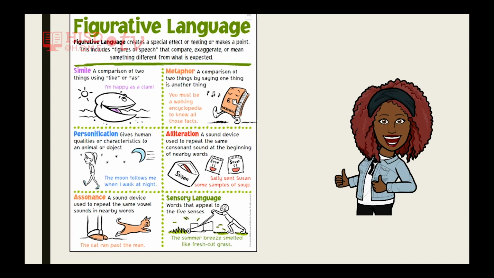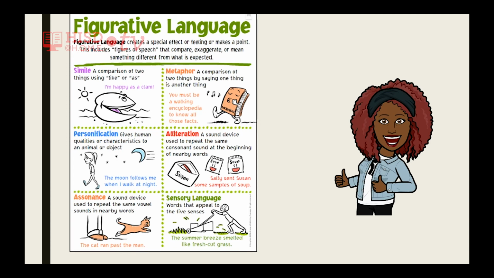Metaphor. A metaphor is a comparison of two things by saying one thing is another. You must be a walking encyclopedia to know all these facts. Personification gives human qualities or characteristics to an animal or object. The moon follows me when I walk home at night.